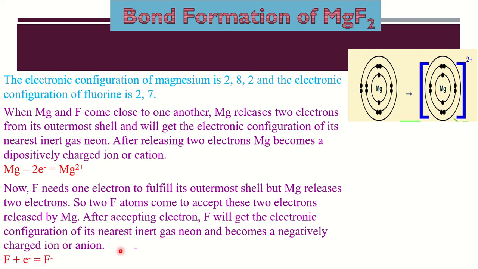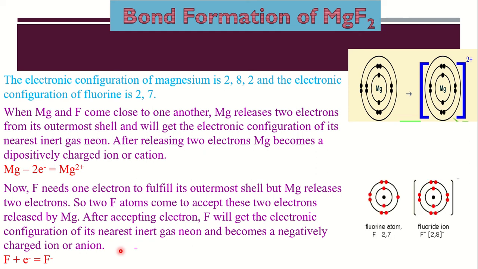After accepting one electron, fluorine becomes fluoride ion F-. Here there are 9 electrons and 9 protons, but now there are 9 protons and 10 electrons. So it becomes a negatively charged ion or anion.